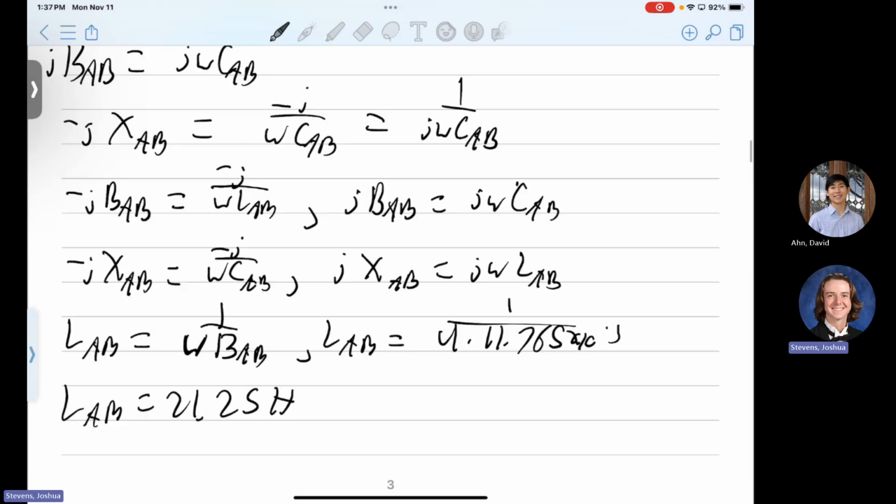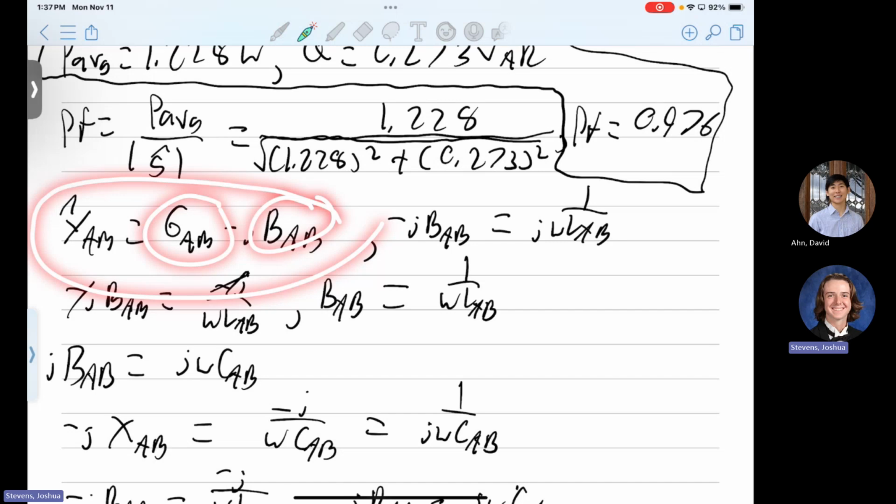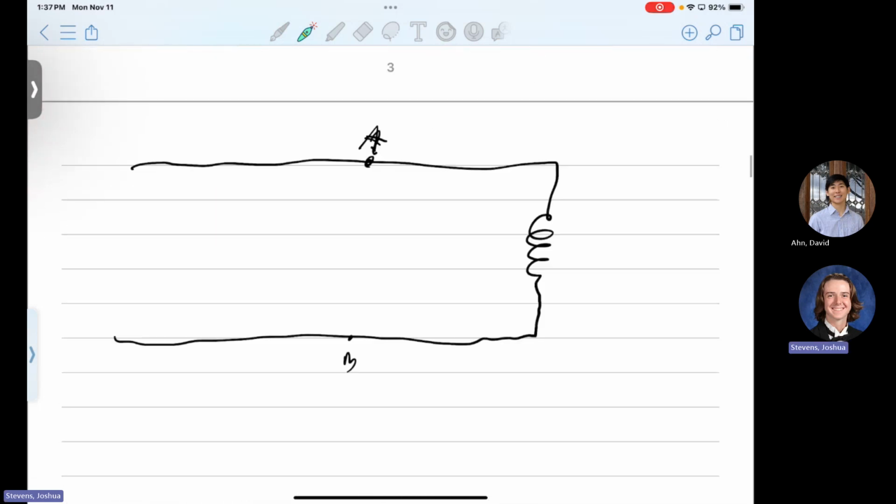We found that we have a conductance and susceptance, and we've turned that susceptance into an inductive load. So we're saying this inductor here is going to be our L_AB. We still have that conductance, G_AB.